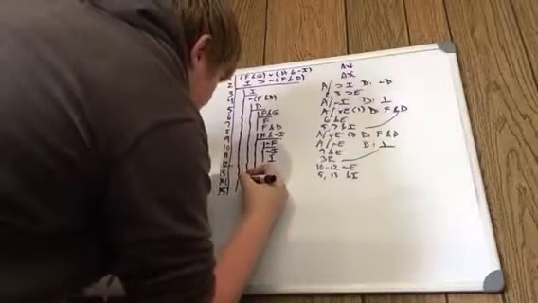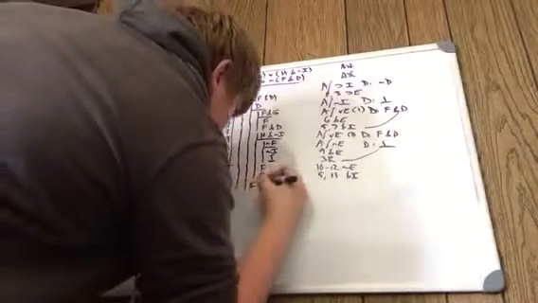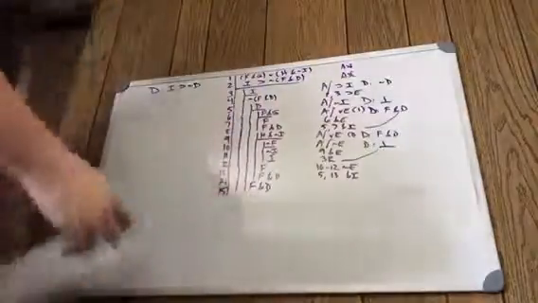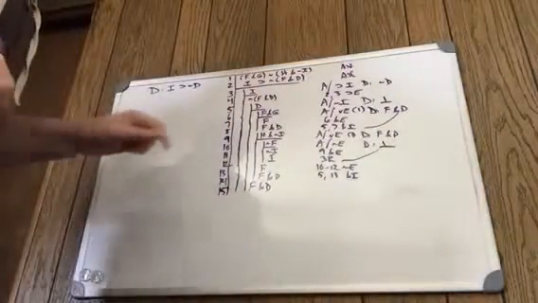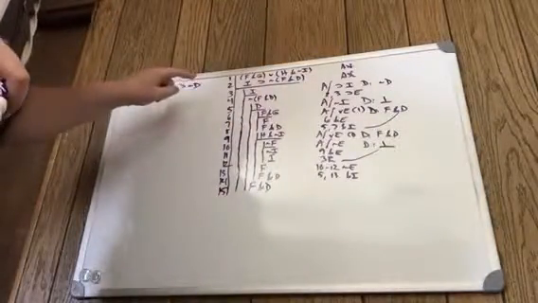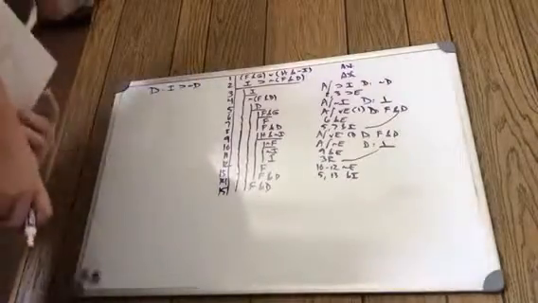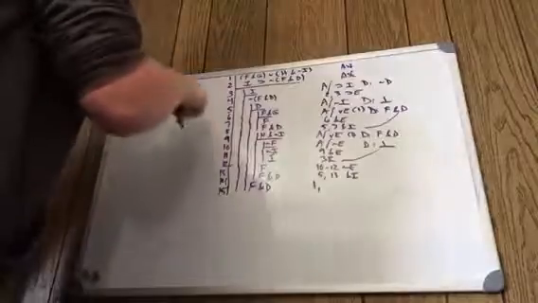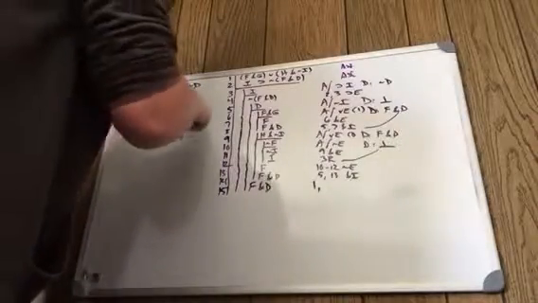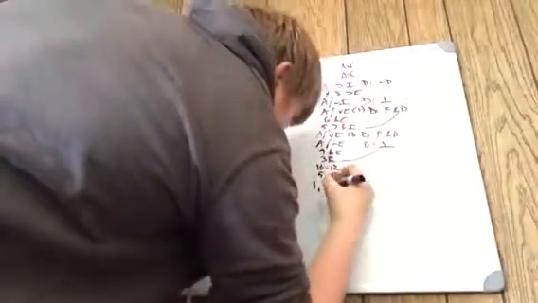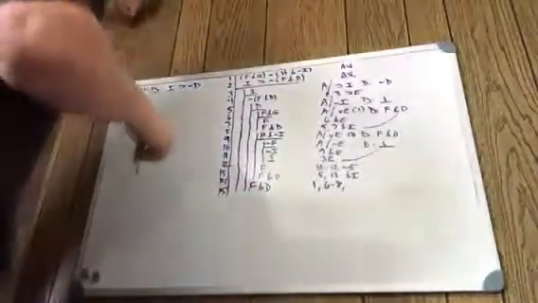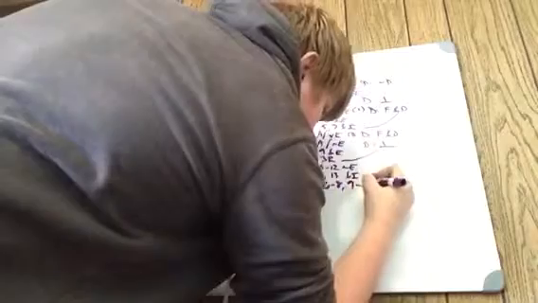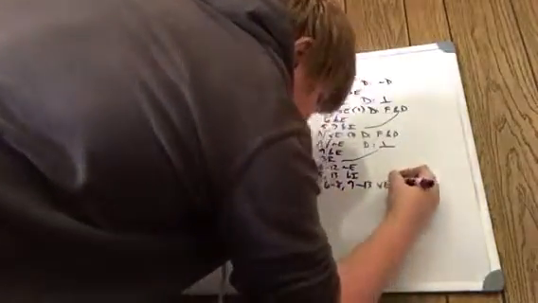We're still inside of that one. F ampersand D. And how do we have F ampersand D? From lines 6 through 8, and 9 through 13, wedge elimination.